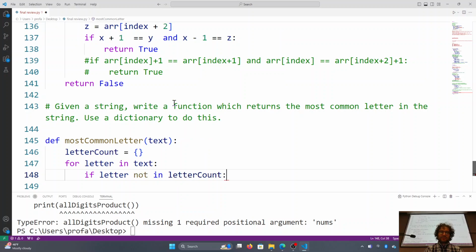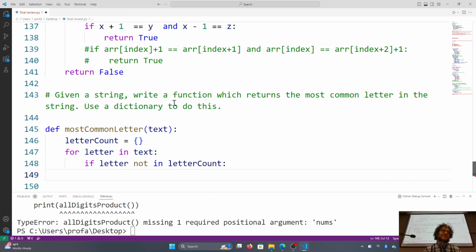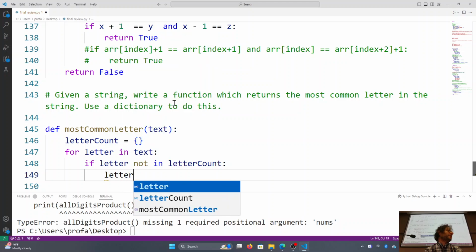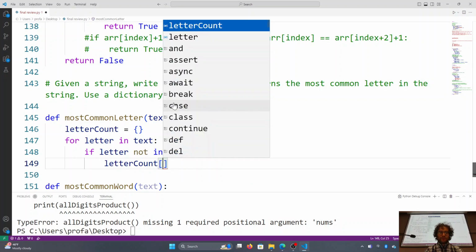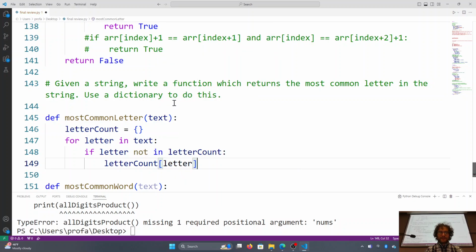That's why I like using good variable names. It makes sense when you write it like that. If the letter is not in the letter count, if we've not seen this letter before, congratulations, we've seen this letter now. So we say letter count for that letter is equal to 1, because we've seen it once so far.